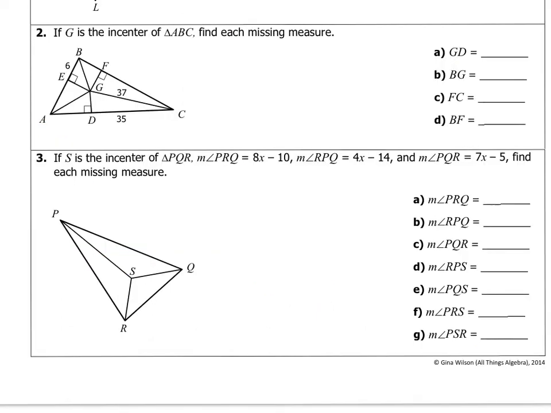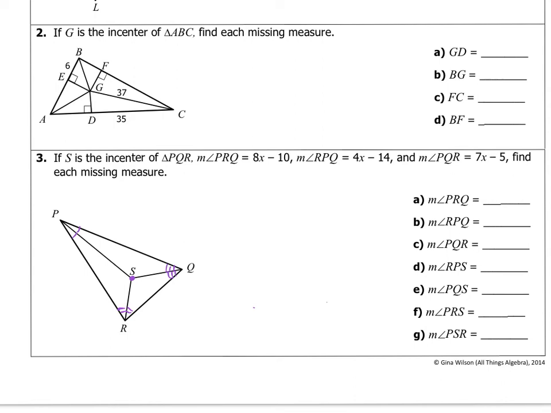Finish problem number 2 on your own, and then I will do number 3 with you. Number 3 says, if S is the incenter, then I know that these are congruent pairs of PQR.